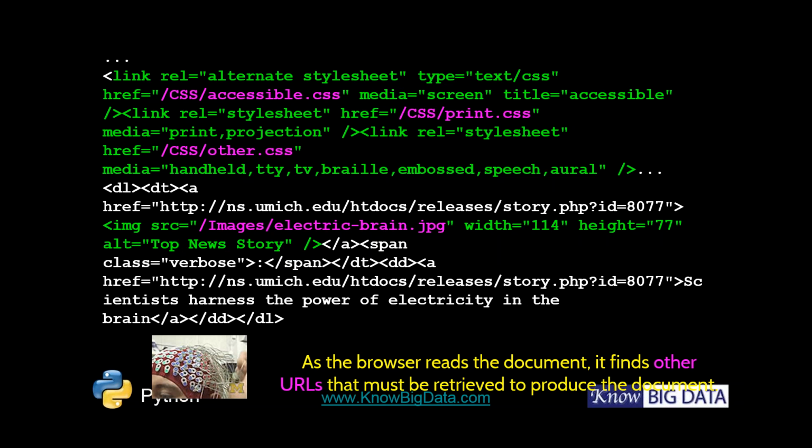In fact, HTML has other links embedded in it, like the CSS, whatever you see in violet color. As the browser reads the document, it finds other URLs that must be retrieved to produce the document. So the browser internally makes these requests, and then, as I said, it prettifies it, gets the document completely and displays it to the user as a pretty page.